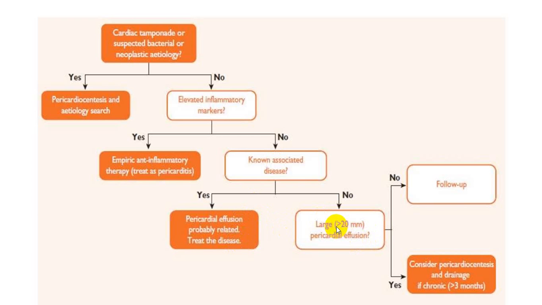If there is less than 20 millimeter of pericardial effusion, you can have a follow-up, and if it persists for a longer period, you can go for pericardiocentesis or drainage.